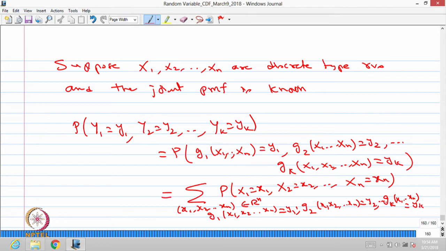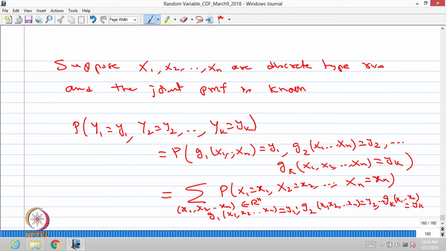finding out the joint probability of x1 takes a value small x1, x2 takes a value small x2, and so on, xn takes a value xn, that is going to be the probability that the random variable y1 takes a value small y1, similarly the random variable y2 takes a value small y2, and so on, the random variable yk takes a value yk.